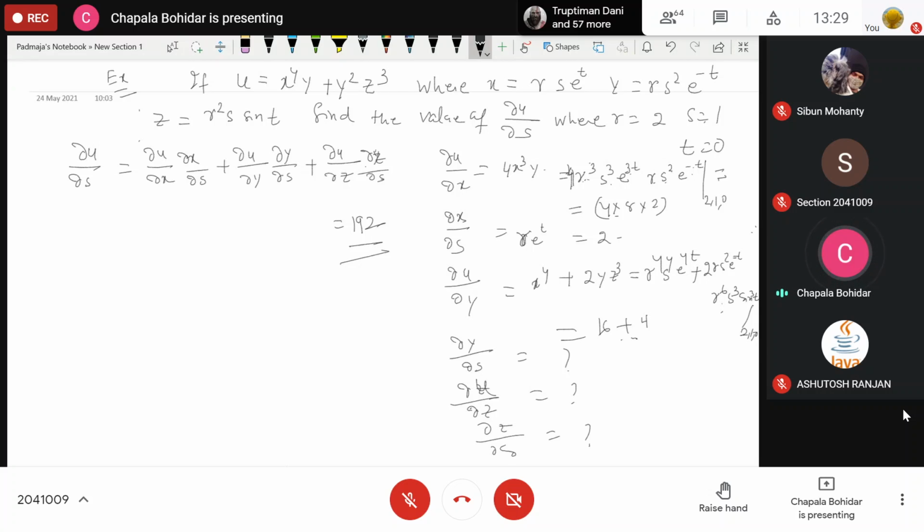Del u by del y. So 2y z cube. Okay. 2 into y, r square e to the power minus t, z cube. So it is 0.